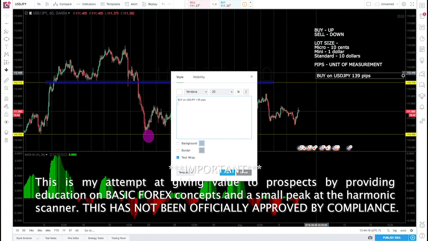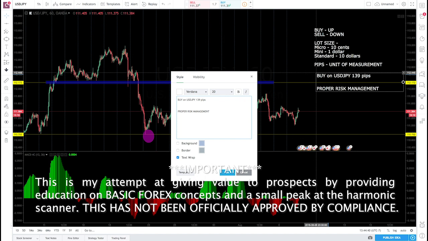Now, one of the things that we highlight, one of the things that we stress, is proper risk management. Because everyone would want to use a standard, obviously, but you cannot just use a standard if your account size does not have the ability to use it.